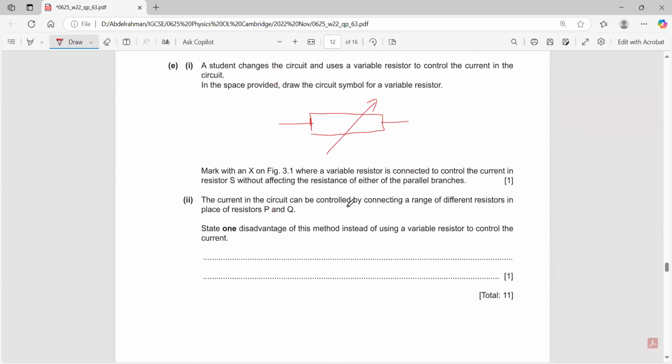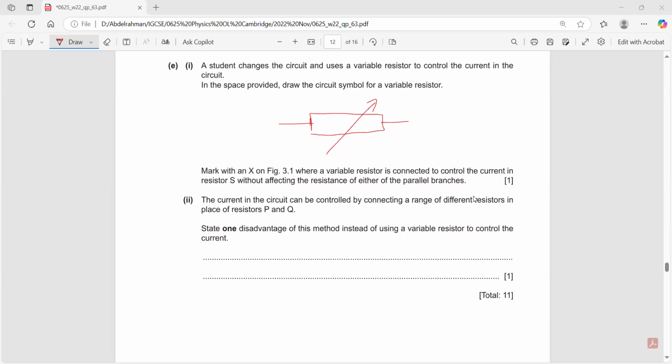Current in the circuit can be controlled by connecting a range of different resistors in place of resistors P and Q, right? State one disadvantage of this method instead of using a variable resistor to control the current. If you add resistors in parallel or in series, the current will be affected, yes. But if you use a variable resistor, it would control the current directly, right? Why would using several resistors be much of a fuss?